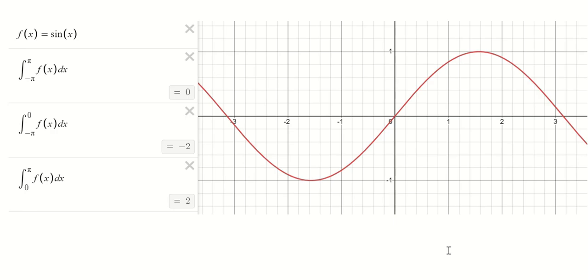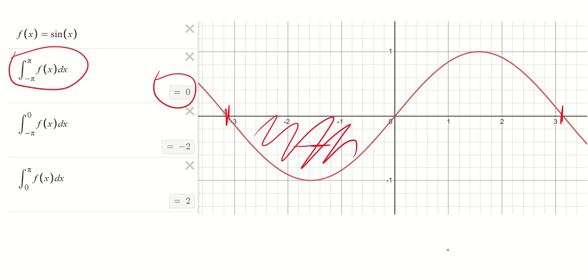So let's see what all that means in the context of a sort of similar problem. I've got a function here, sine x. If I integrate just over the whole region, from negative pi to positive pi, I get 0. Because this area is considered negative, and this area is considered positive. It's an odd function, like the function in the question. Okay, they cancel each other out.